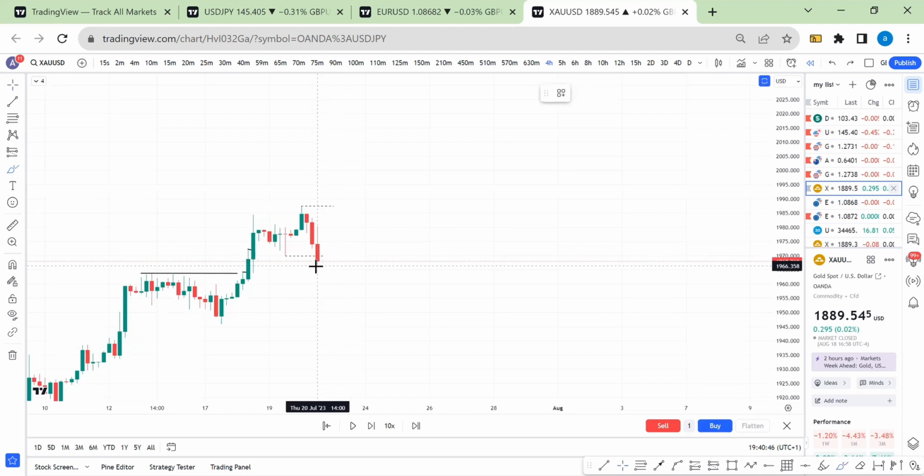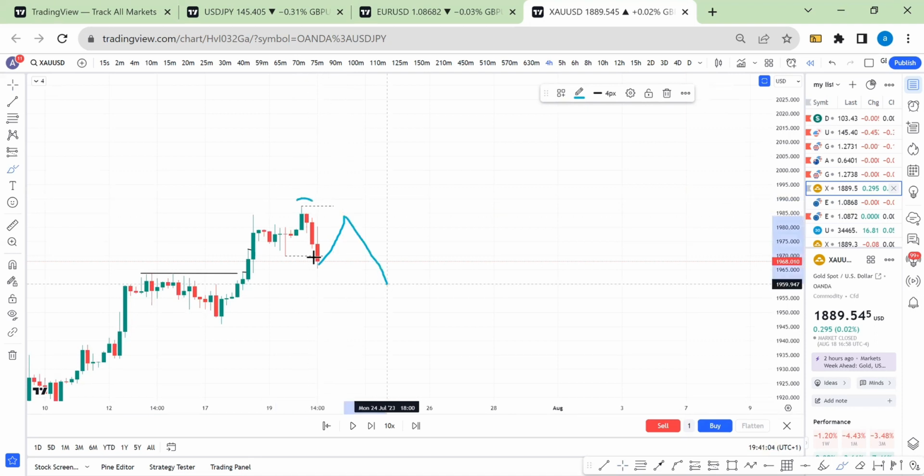Sorry, internal break of structure when price retraces like this. Fail to break this fractal high and pull back and break this. Then this is now going to be our internal structure pullback.